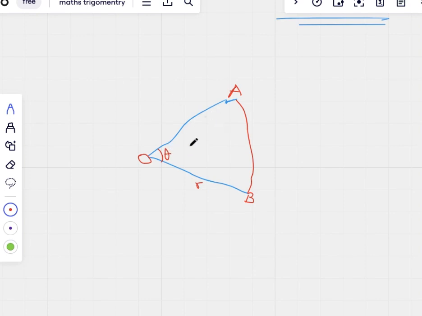This is a sector. It's not a full circle. If you want to draw a full circle, it is going to continue like this. So this is just a fraction of a circle, a fraction of the area of a circle. That's what we call the area of a sector.